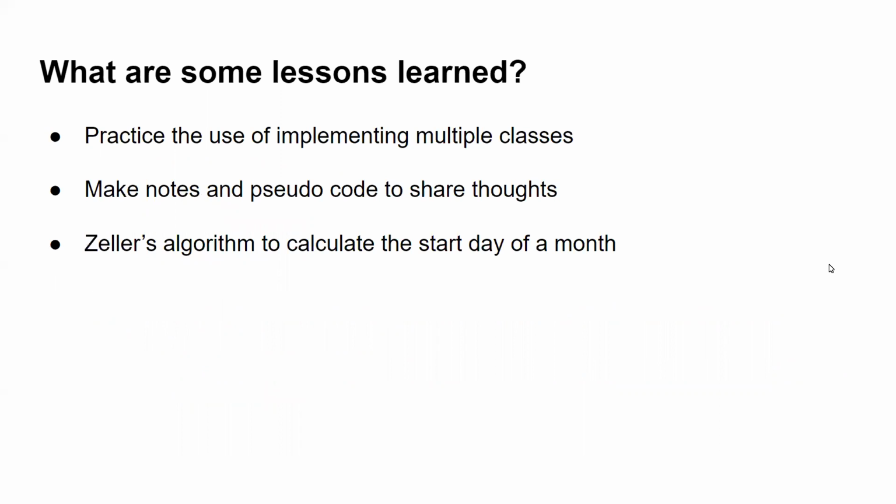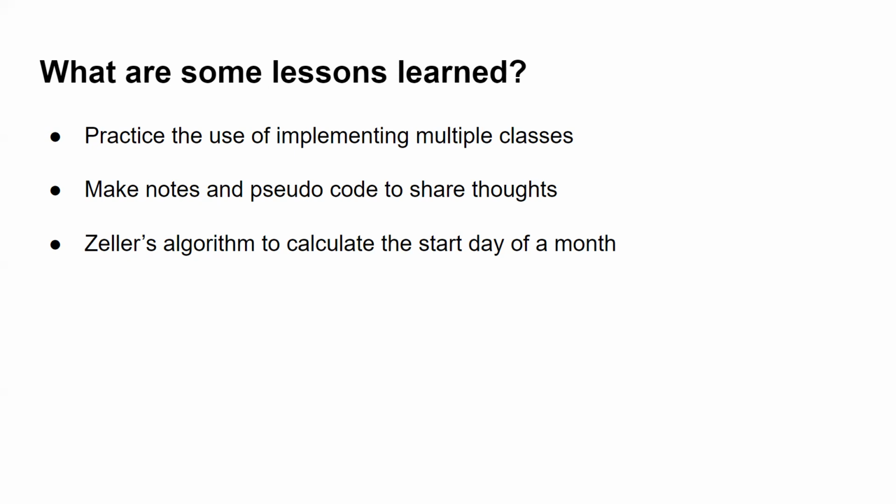For this project, we have more chances to practice the use of implementing multiple classes and learn how to connect each of those. We realized that there is quite a big gap between what we have designed and planned for the program at the beginning and what we actually ended up with in our program.